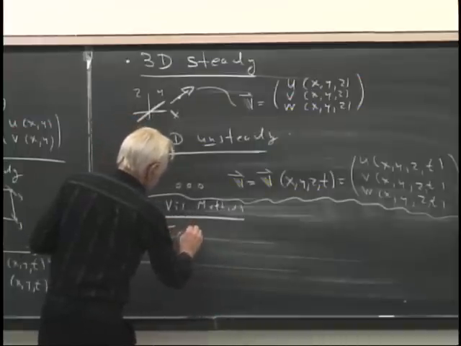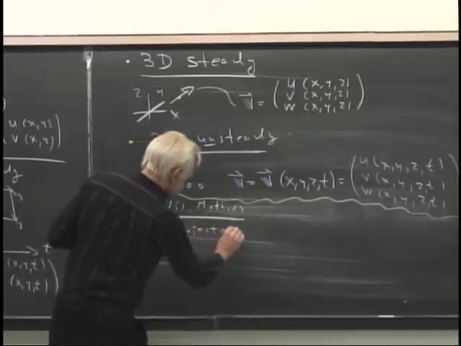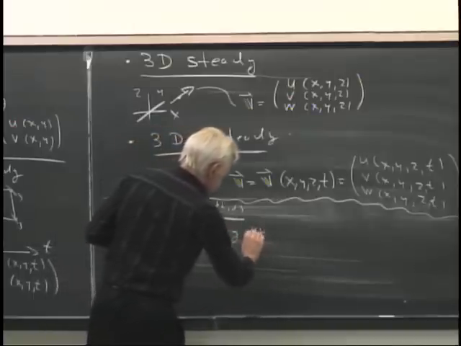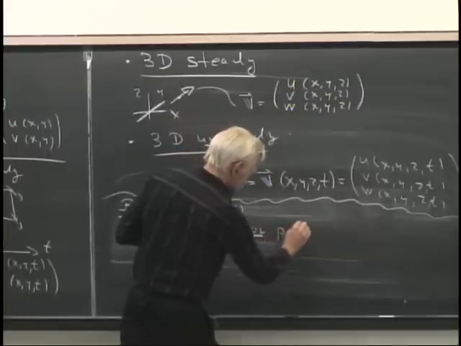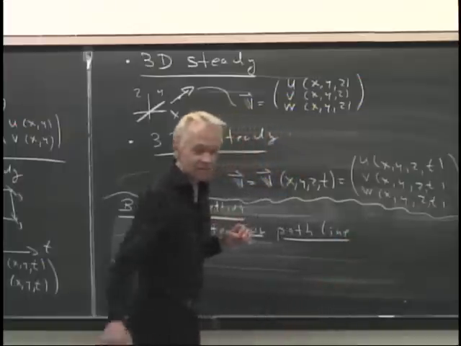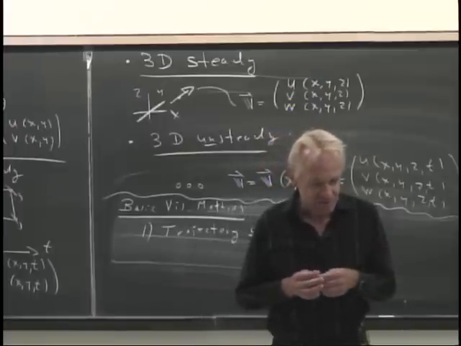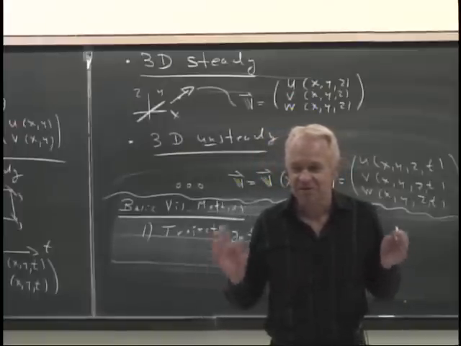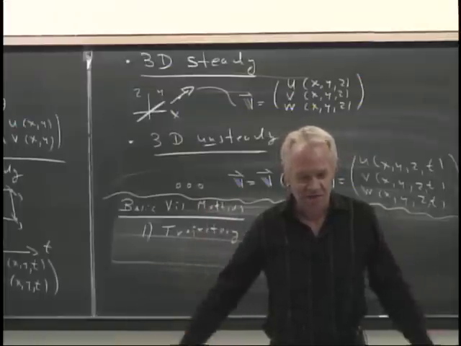Trajectory, or, this is the same thing, it's just a different word for the same thing, or path line. And you can put into your notes what I describe in words now. What is a trajectory? Anyone help me? What is a trajectory or path line?